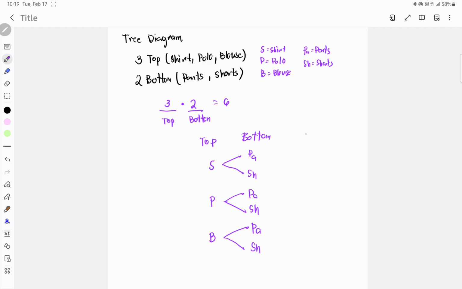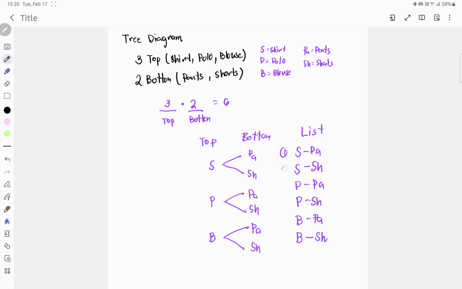In the tree diagram, you can now list down all your combinations. You have SPA, which means shirt and pants, shirt and shorts, polo and pants, polo and shorts, and then blouse and pants, blouse and shorts.